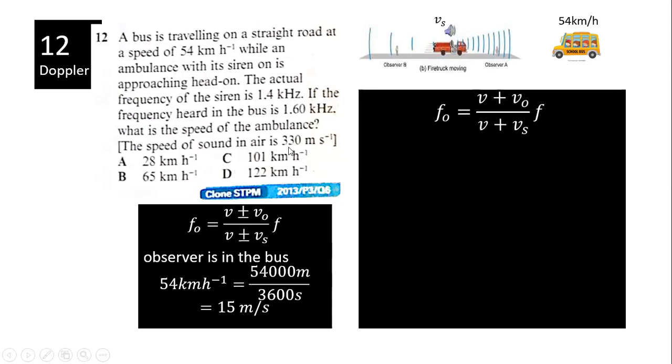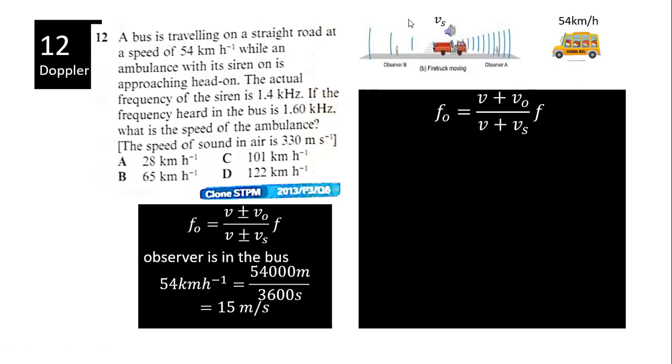Both of them are moving. The observer in the bus is moving, the siren is also moving, so you have to use that. And since they are moving towards each other, you have to choose positive. The sound source and the observer moving towards each other, positive.